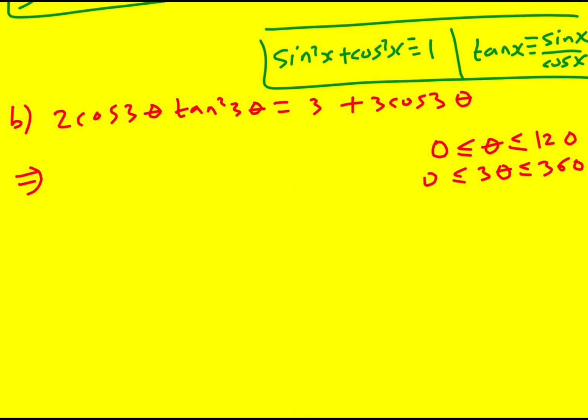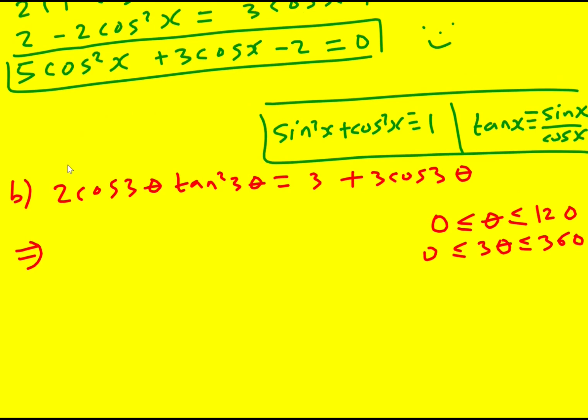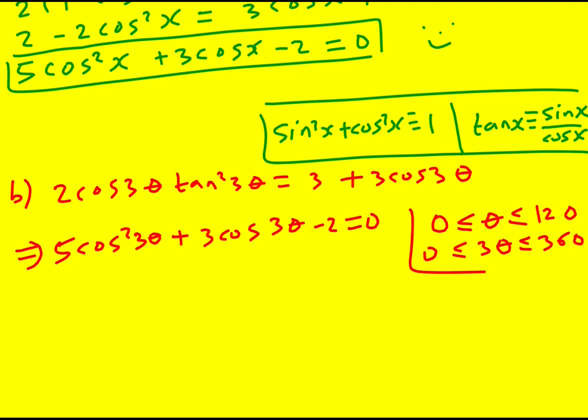Now we can use part A and simply replace my x's here by 3 theta. I just forgot to do it. Right, so 5 cos squared 3 theta plus 3 cos 3 theta minus 2 equals 0.